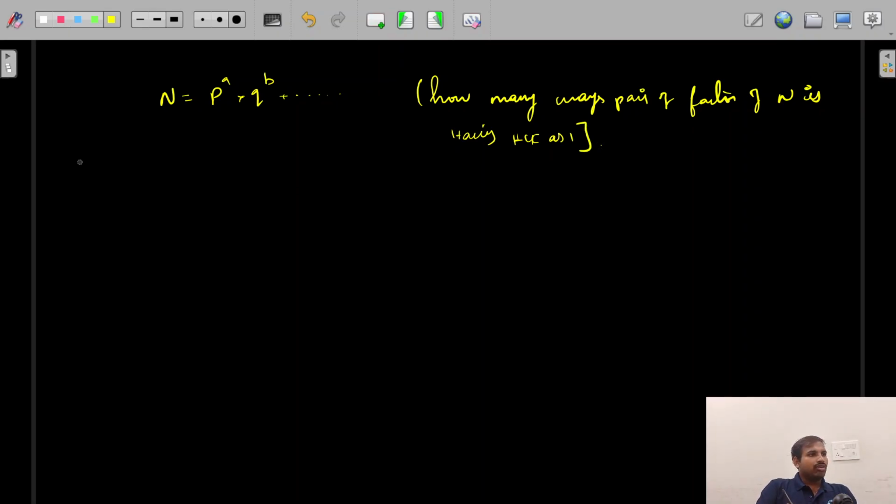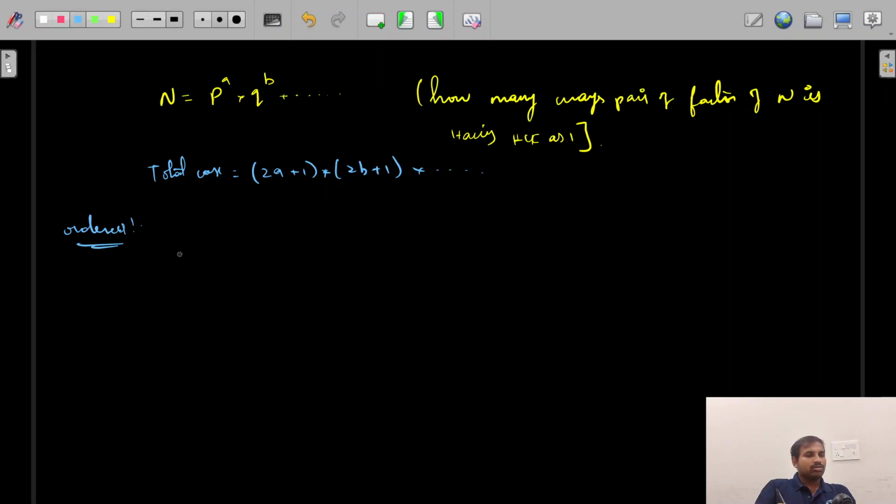So first I'm talking about ordered pairs. First you know the total number of cases. Total cases is nothing but (2a plus 1) into (2b plus 1), and it keeps on going based on the numbers, for ordered.